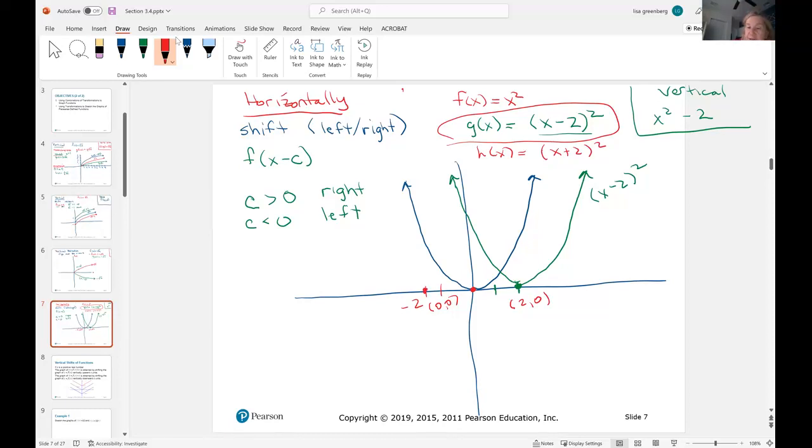If I plug in -2 there, I get 0 squared, which is what I'm looking for. And my graph will look like the same parabola. If it's changing shape, it's by accident. So we can see that this would be x plus 2 squared, and it's shifting to the left. Okay, so that's horizontal shifts.